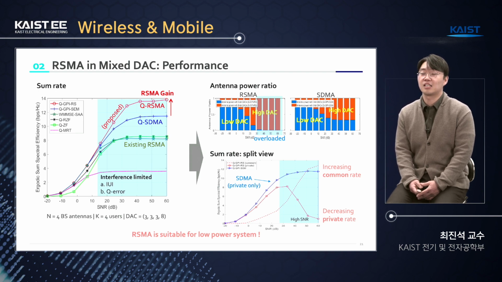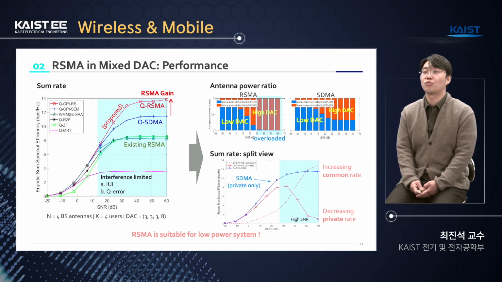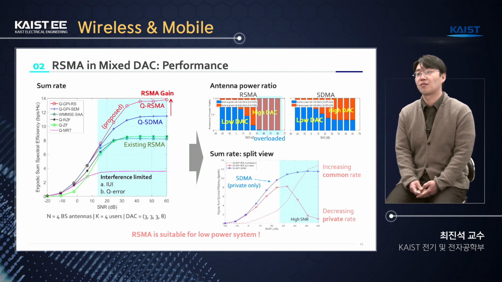In this case, the RSMA can effectively and efficiently handle this overloaded system by introducing more common rate. However, for the conventional SDMA case, the low resolution DAC is still active when the SNR is very high. That means it still works, but it introduces significant quantization error compared to the noise level, which is not very desirable.